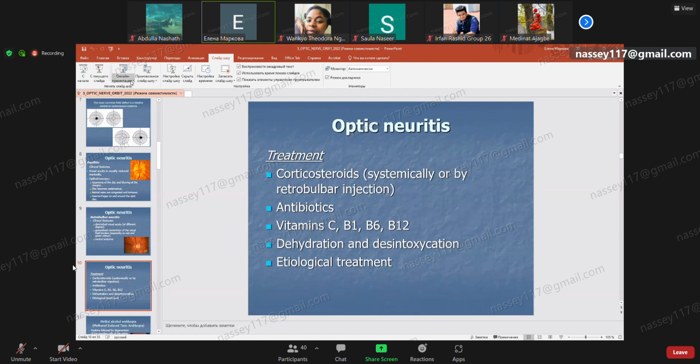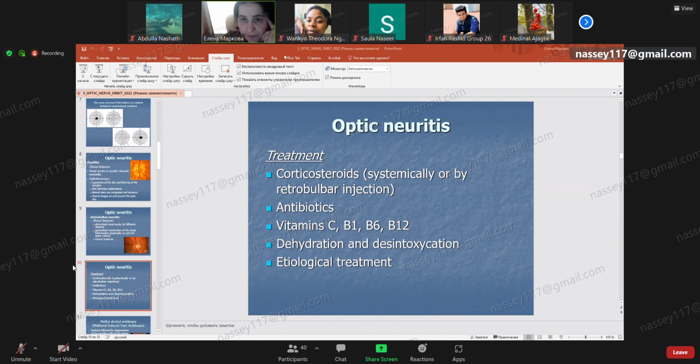For the dehydration, we can use drugs such as furosemide, an inhibitor of carbonic anhydrase. For the disintoxication, we can use physiological solutions, isotonic solutions, for example. And finally, the fifth, the use of etiological treatment.